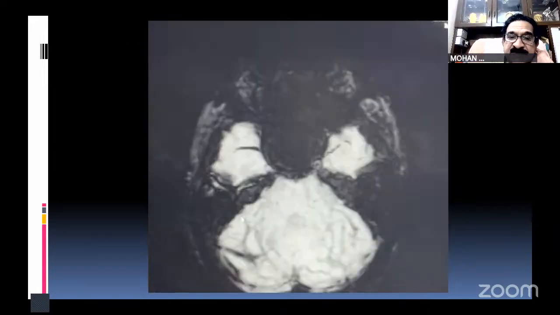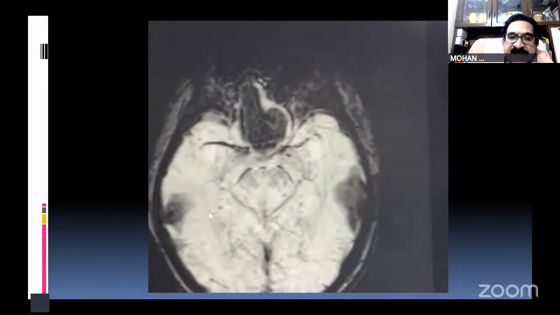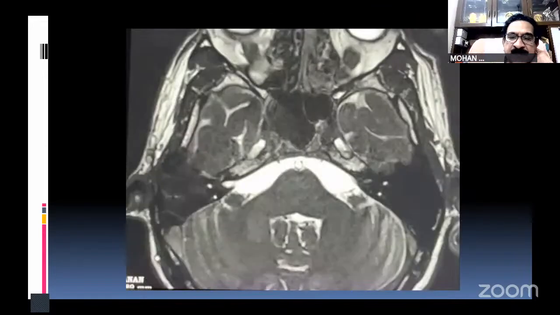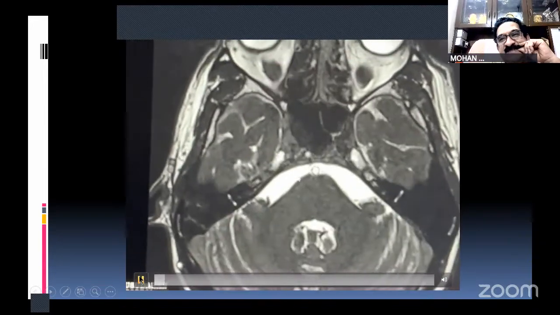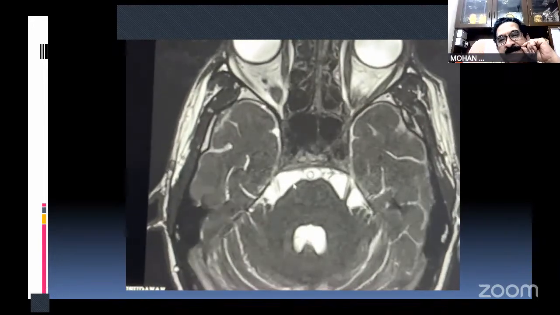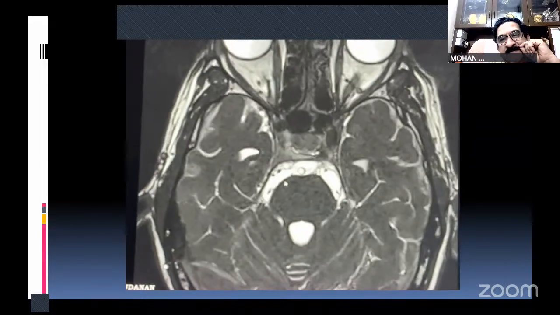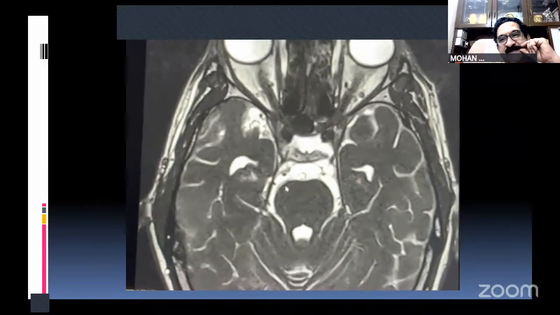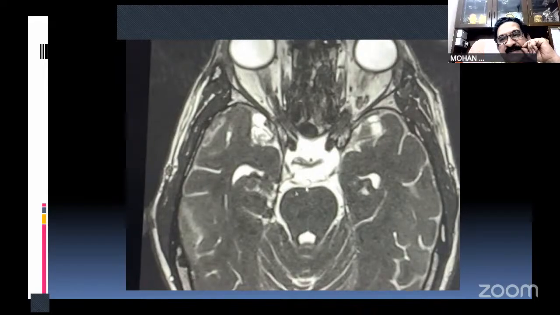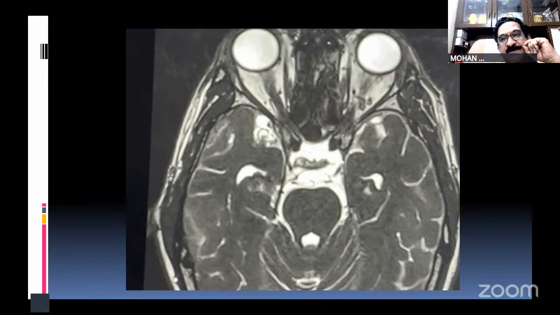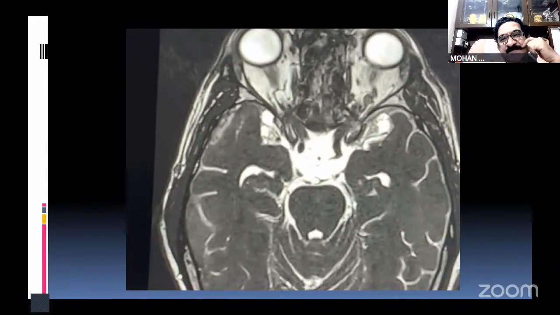This again, the initial one was GRE, this is a gradient, sorry, SWI. This is a CISS sequence. Look carefully at the CISS sequence. There is something you can see in the left orbit. There is something occurring in the posterior part of the orbit.